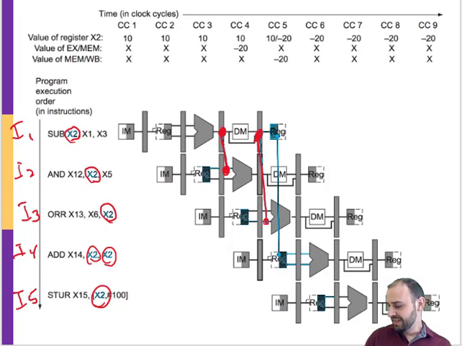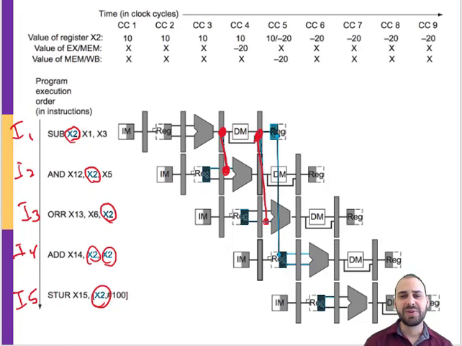But register 2 is being read by instruction 3 in stage 2, at clock cycle 4, and it's not written to the register until clock cycle 5. So we still have a timing issue for instruction 3.